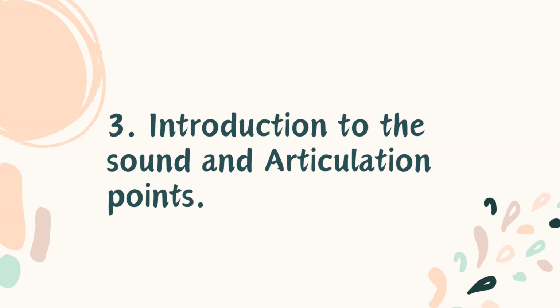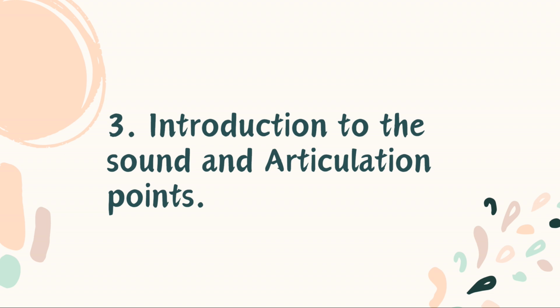So, for example, if we are pronouncing the letter ba, we said ab. What do we use? We use our two lips. So this is the articulation point of the letter ba, which is the two lips. The two lips colliding against each other, pronouncing the letter ba, and so on.